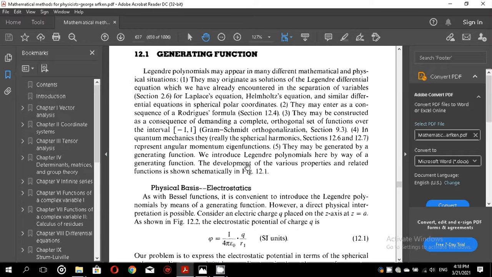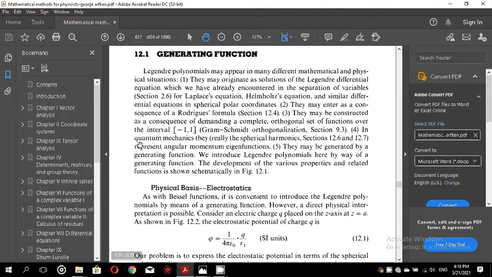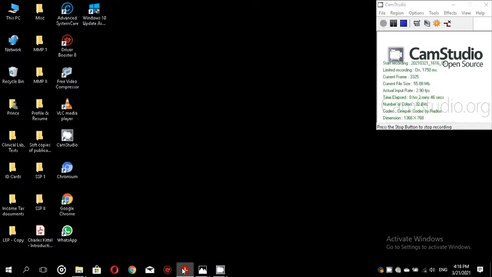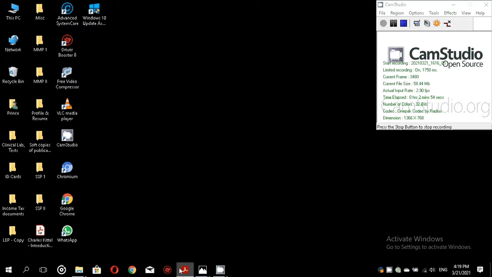Okay, now let me switch over to the pages of my notes. Where are these pages?